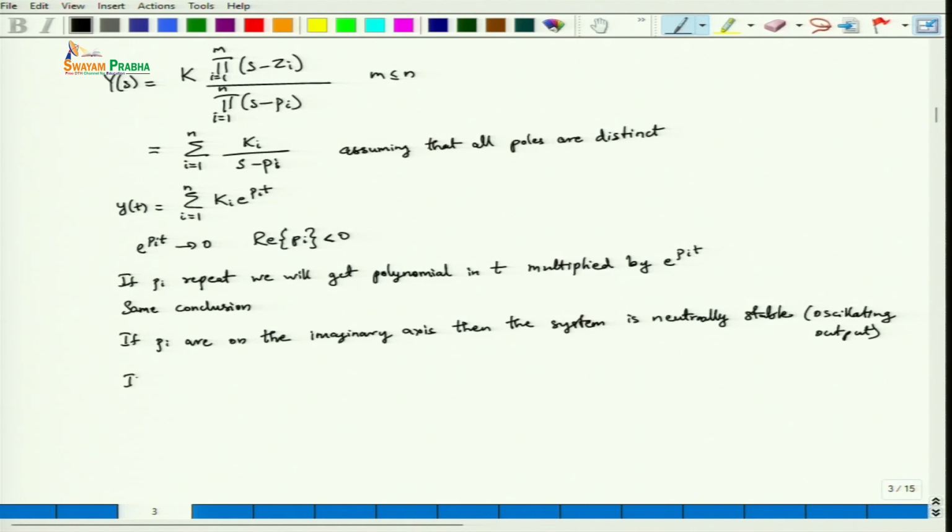Now, if p_i are imaginary and repeating, then it is basically unstable. This is because what we will get is t e to the power plus or minus j omega t, and this t will keep on growing as time t tends to infinity.